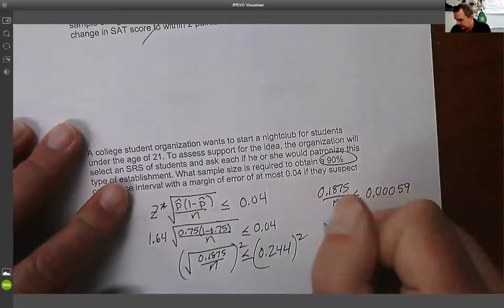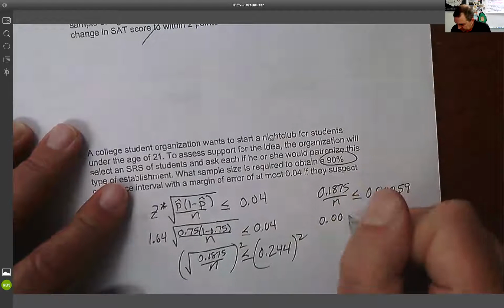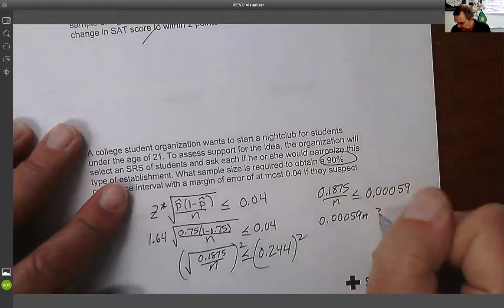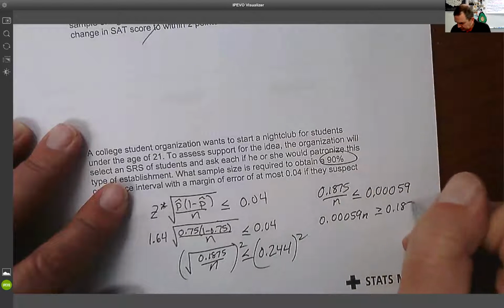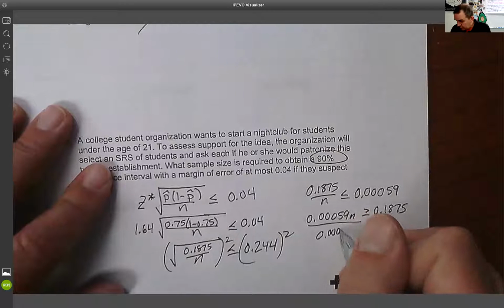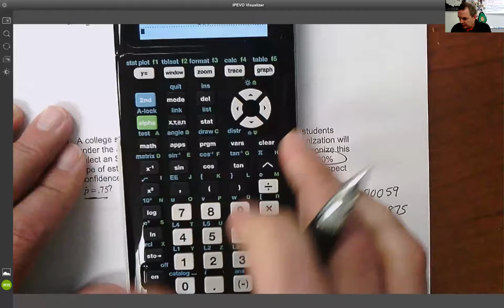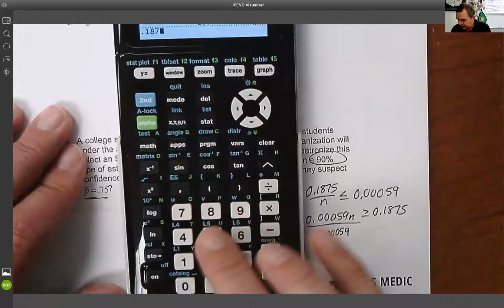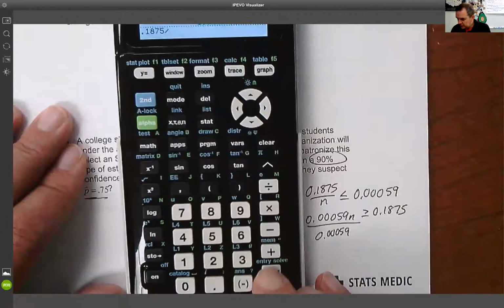Multiply both sides by n. Just going to jump a step on this. 0.00059 times n is going to be greater than or equal to 0.1875. Divide both sides by 0.00059. So I'm going to do 0.1875 divided by that.